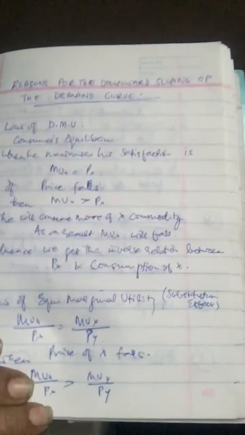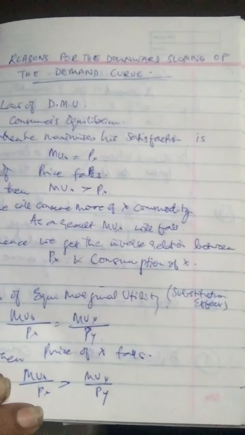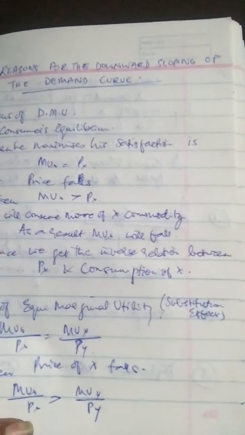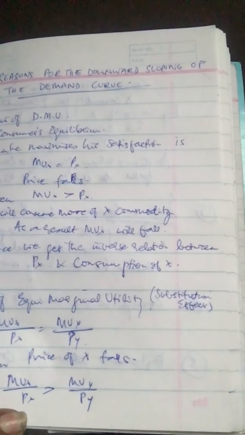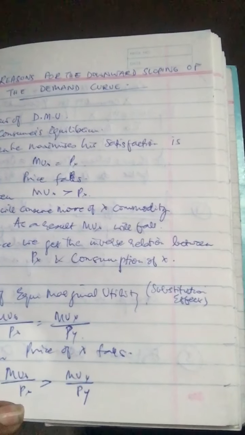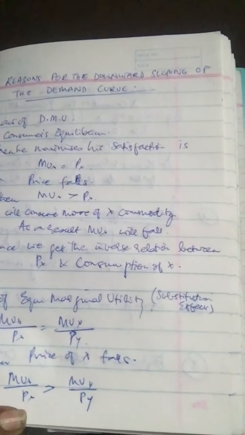So the question is, why does the demand curve slope downwards? Why do you think that people demand more at a lower price? The first is the marginal utility equals price principle of a single commodity.